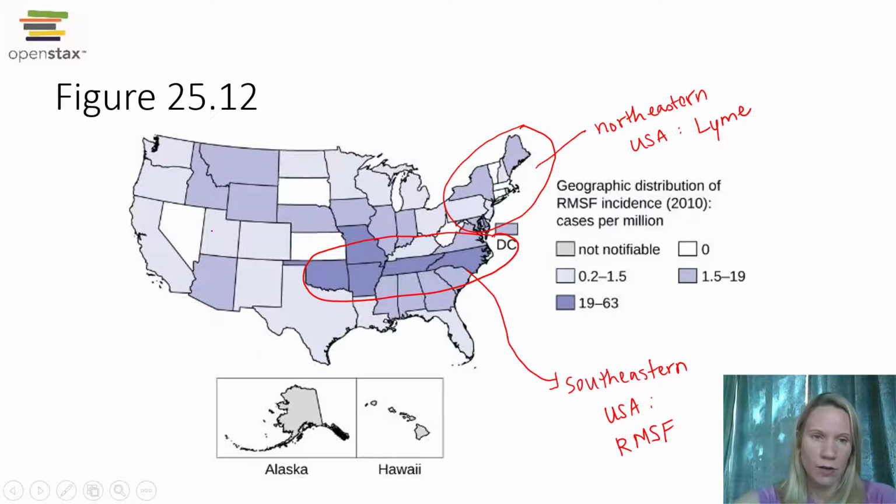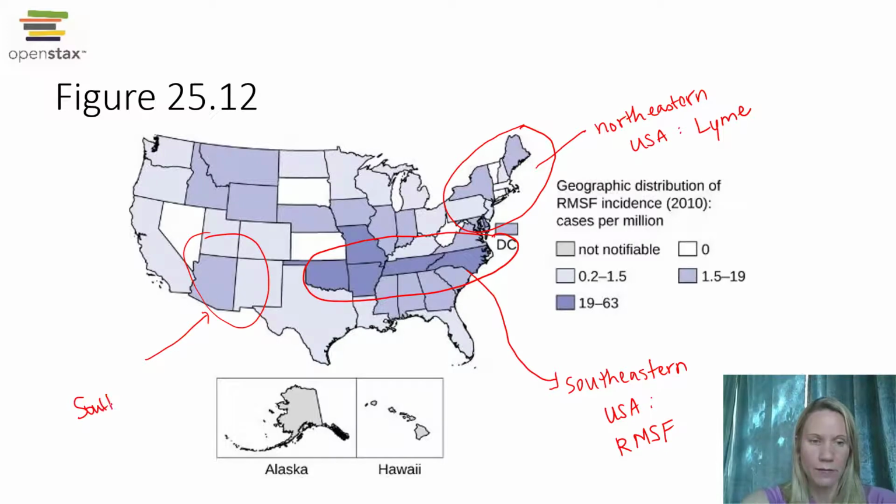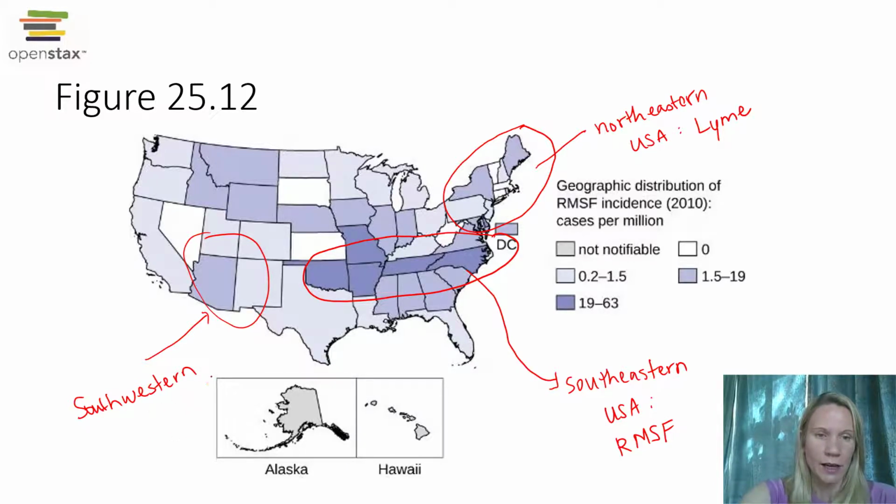And then occasionally we also see, just to add something to this map, usually in the southwest, any sporadic cases of plague, once in a while, once or twice a year, not very often, and no huge pandemics anymore with plague because it's so well understood and so easily treated with antibiotics.